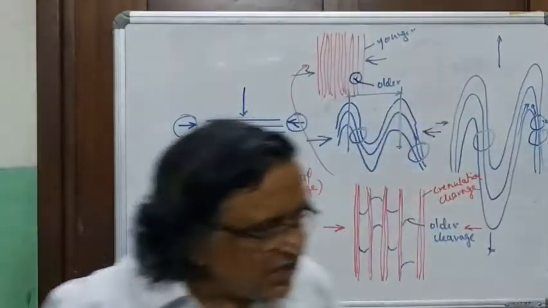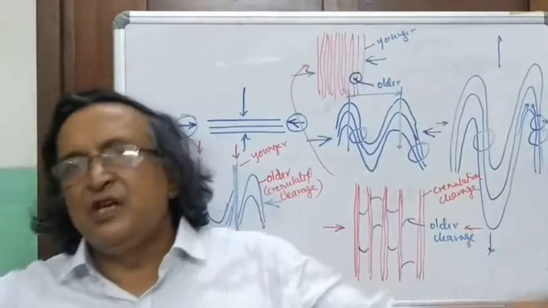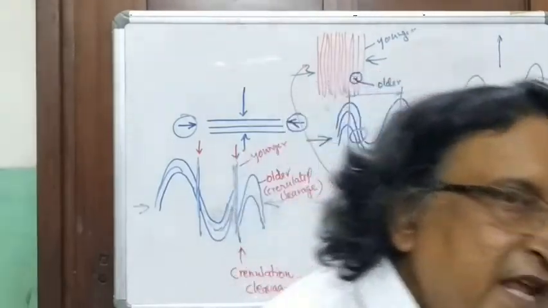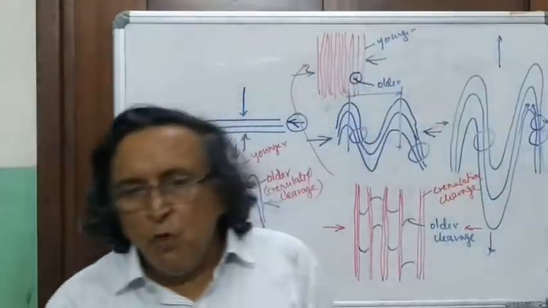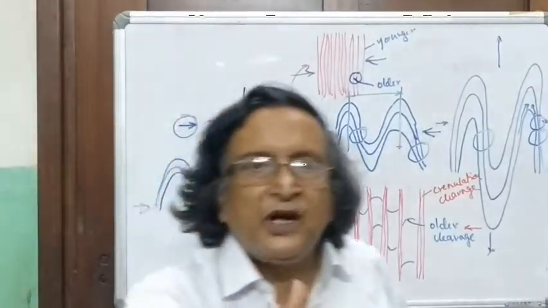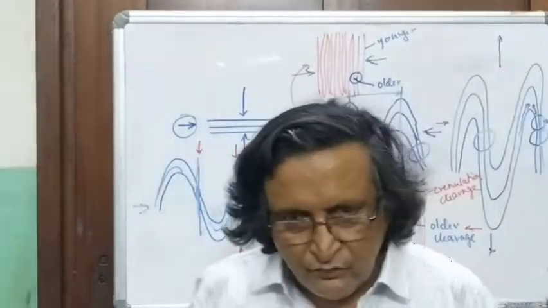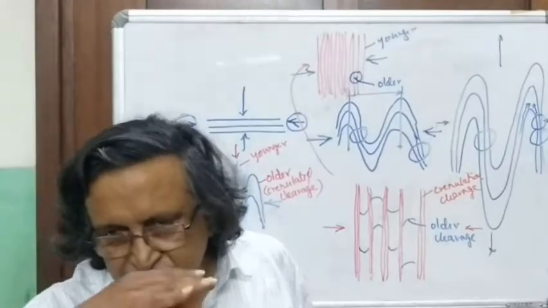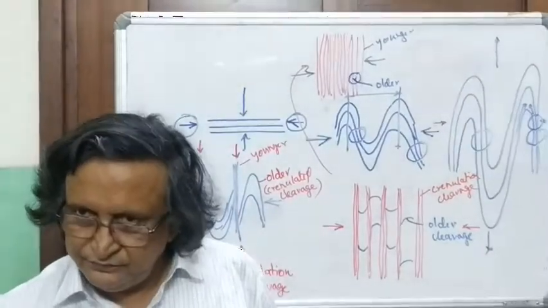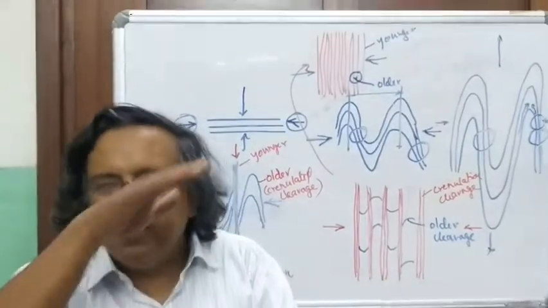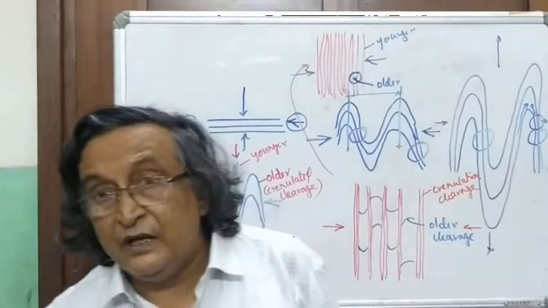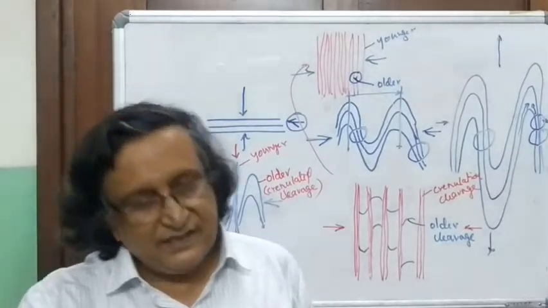Now you can extrapolate this to mountain building, say in the Himalayas. In the Himalayas, most of the foliations are north dipping and very gentle. That means obviously you can find out which direction the stress field was that produced the Himalayas.